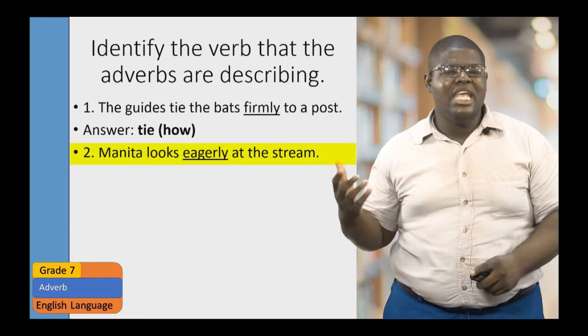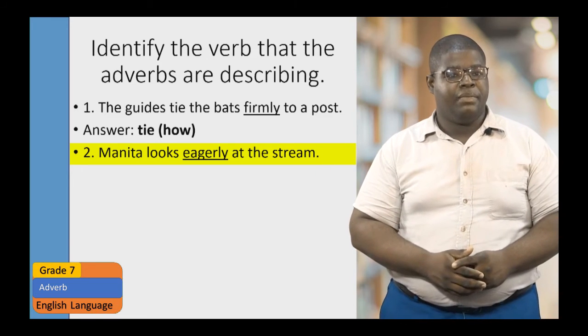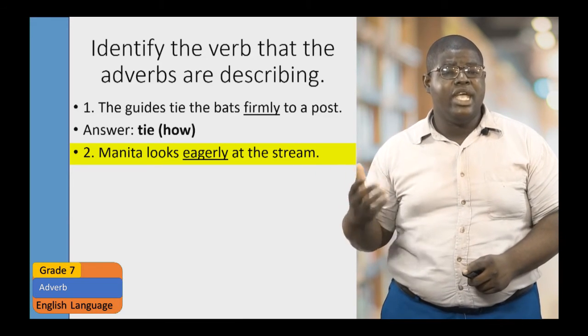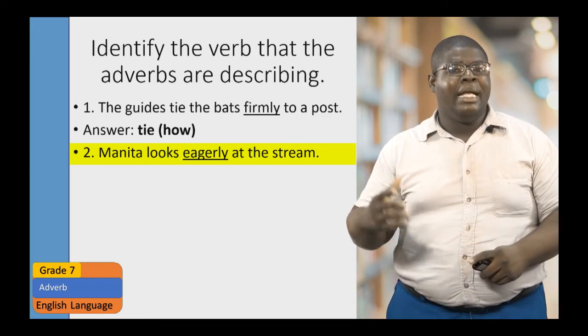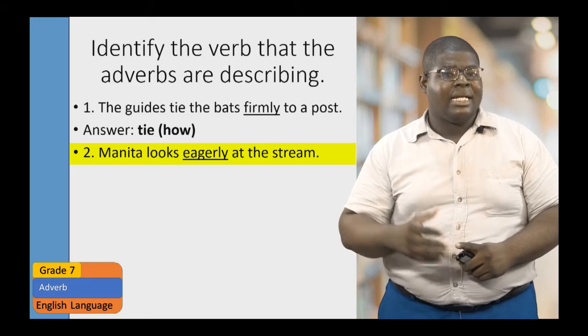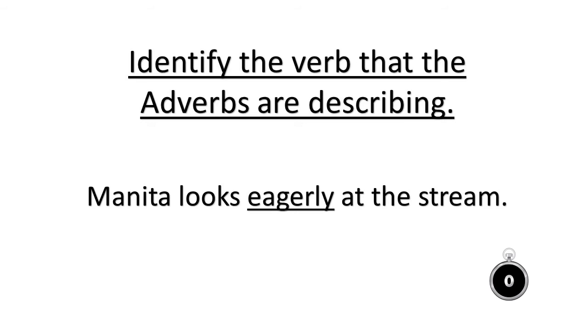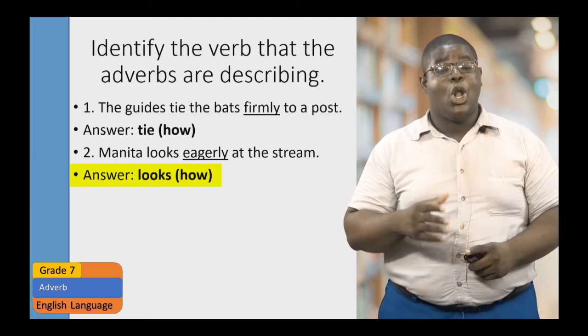Manita looks eagerly at the stream. We have the adverb eagerly here. And it's modifying which verb? Looks.